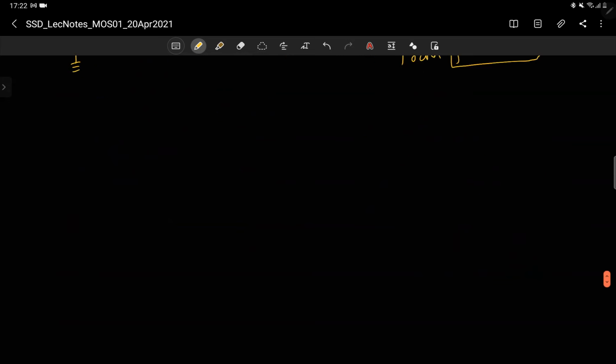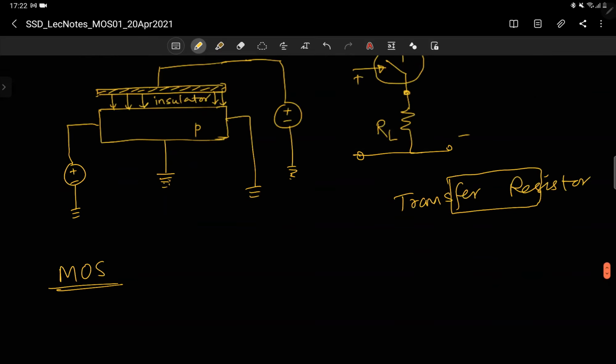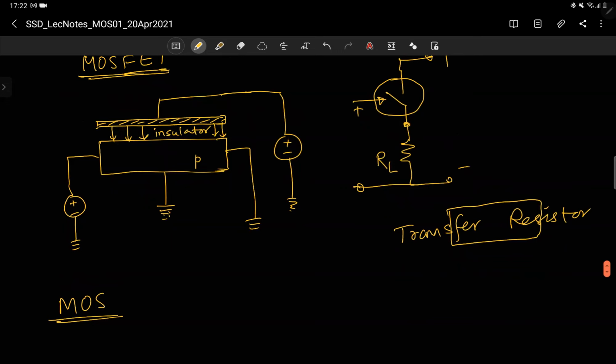So we have seen that it is the MOS junction we have to study, and if you see, it is a capacitor, because after all there is an electrode on top, and this whole P region is acting like an electrode. It's a thick electrode, you can say. This is a very thin metal electrode, and the whole P region is providing the negative charge.